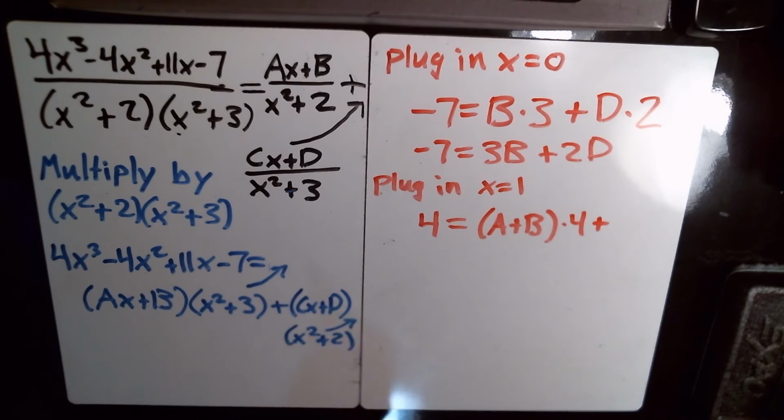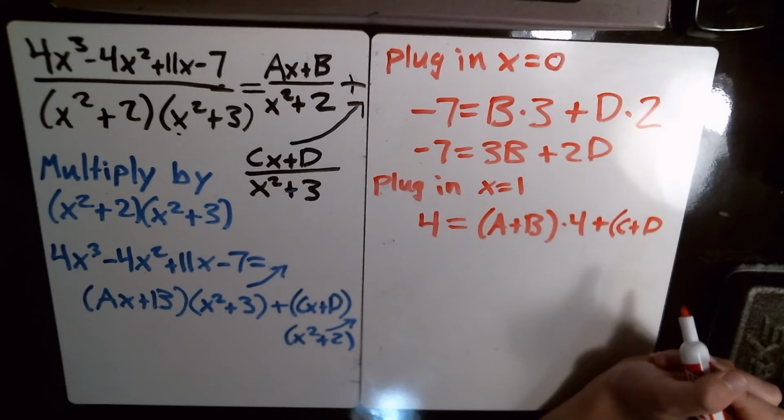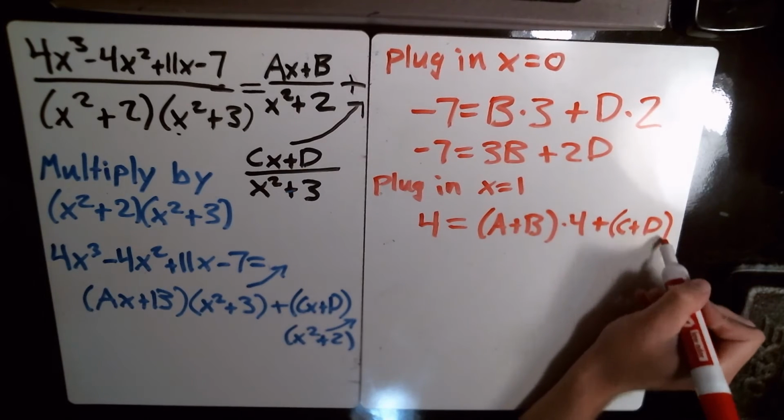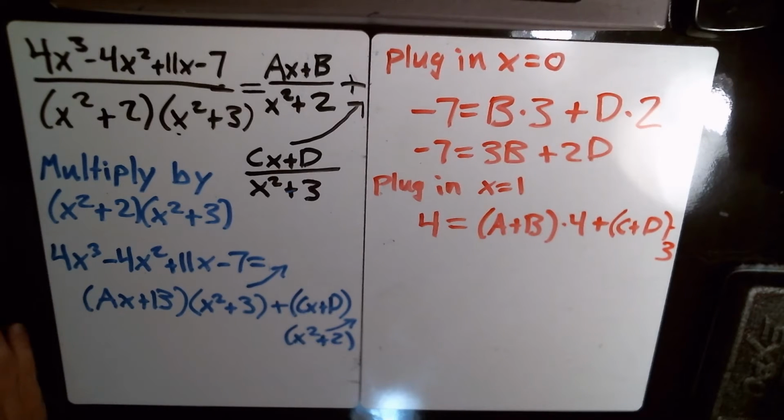Plus c plus d. And then times 3. Okay. So now that we have that, well, there's 4 variables in that equation, right?